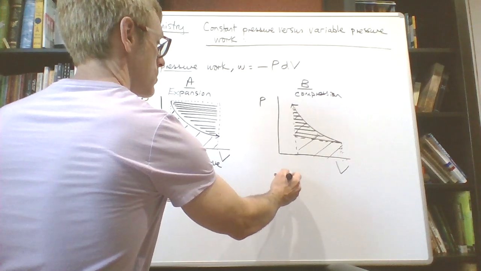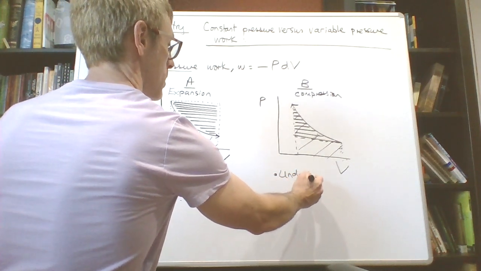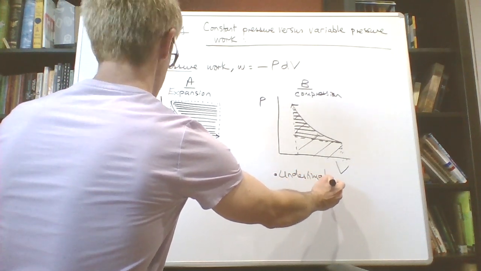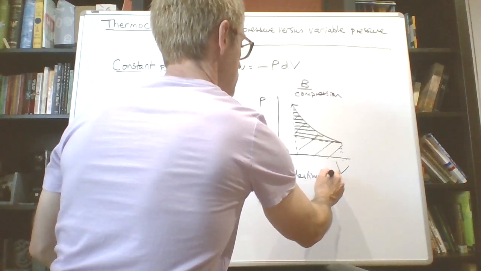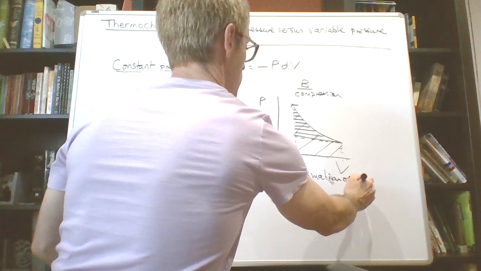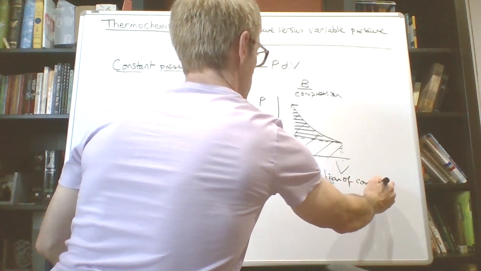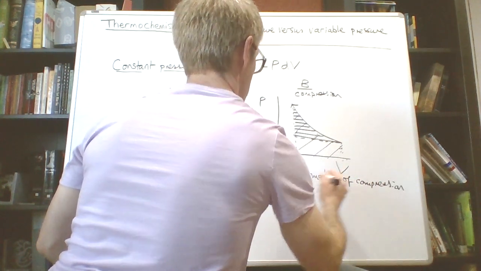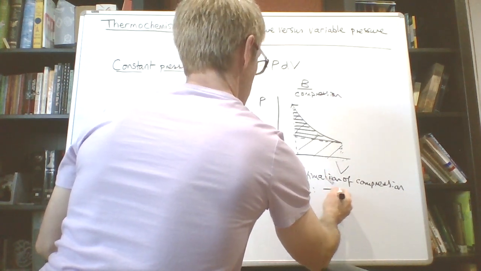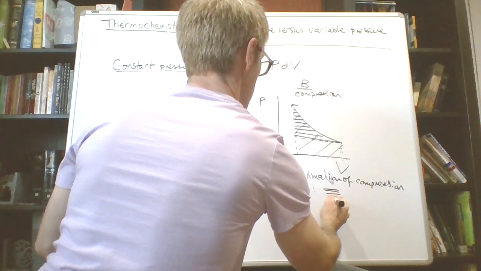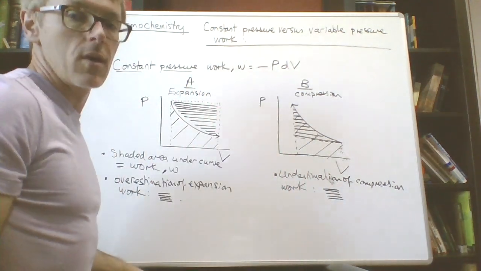So there's going to be an underestimation of the compression work. And that underestimation is the area, again, I've shaded with horizontal lines.